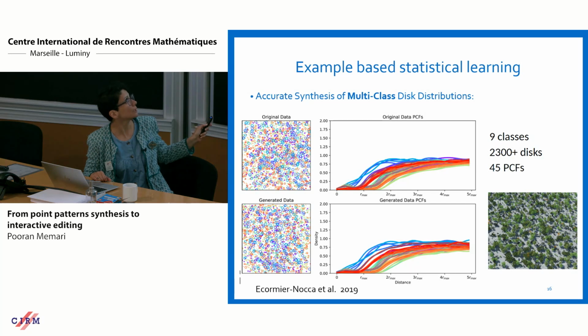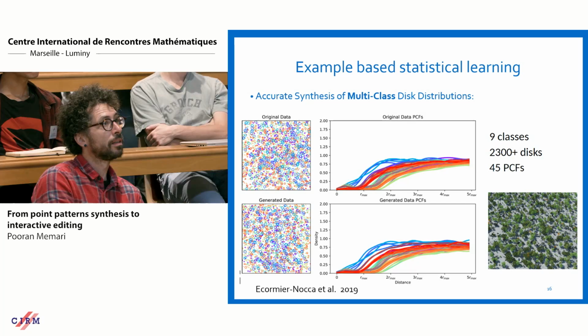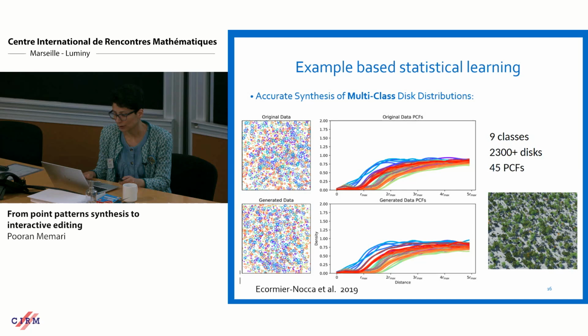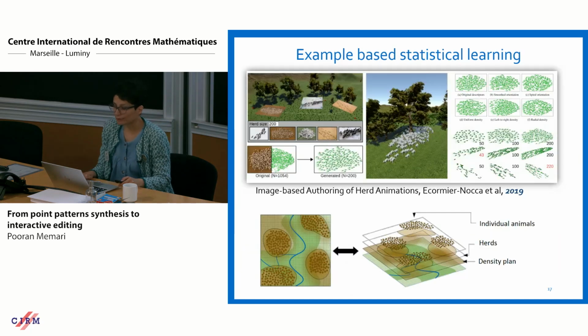So now you can forget about your input and try to target these PCFs by doing dart throwing. It's not very efficient in terms of algorithm. This is one of the first algorithms that we had. But interestingly enough, these PCFs are good enough to capture the statistical features, because once you just render it, you see that, at least for the application that we had in mind, it was one of the best solutions.